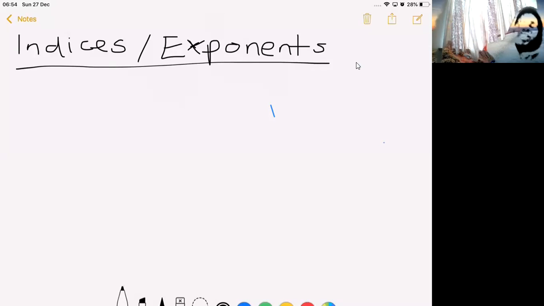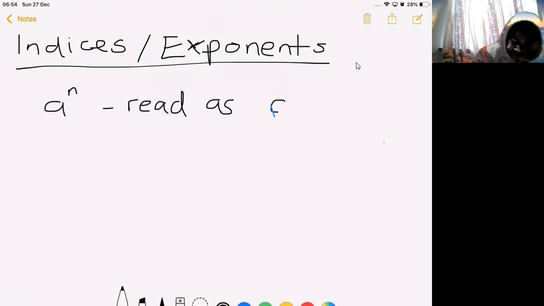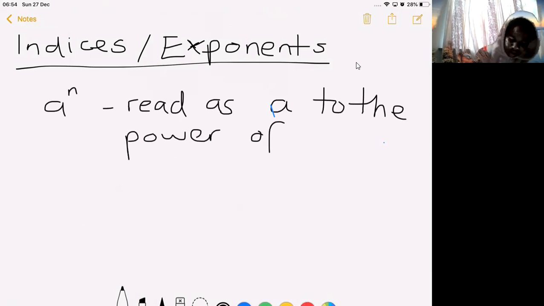But before we go there, numbers that are in exponent form are written in this form. You read this as A to the power of n.